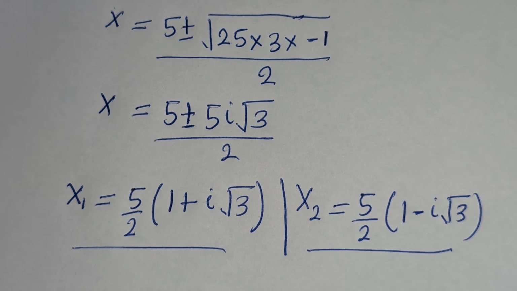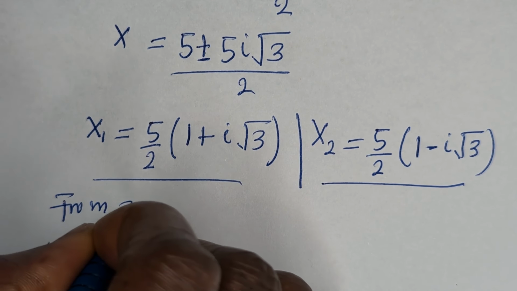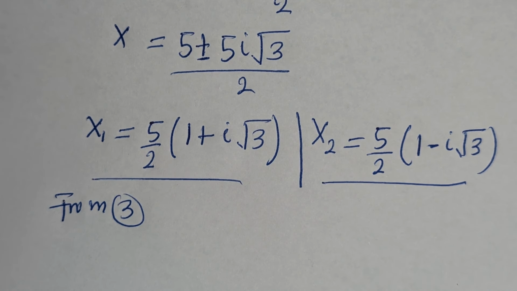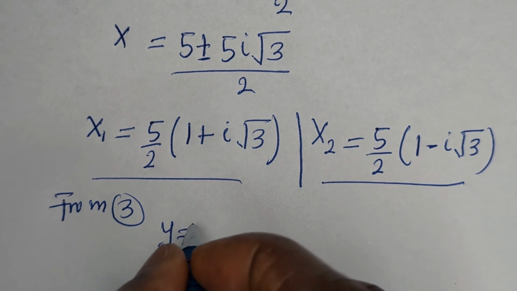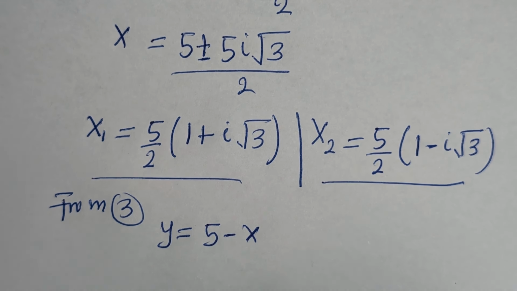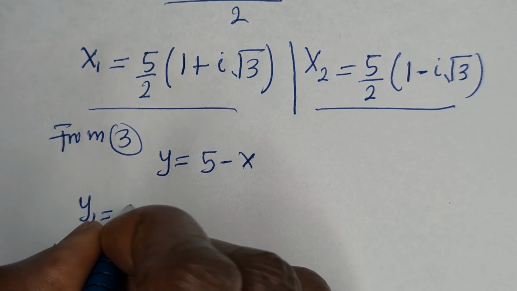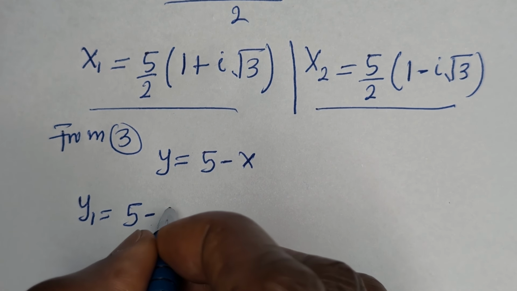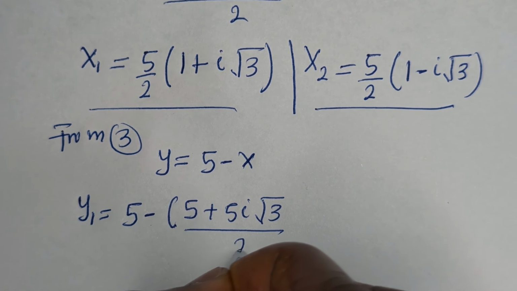Then let us solve for y. From equation 3, y is equal to 5 minus x. Now, y1 is equal to 5 minus x1, is 5 minus 5 plus 5i root 3 over 2.